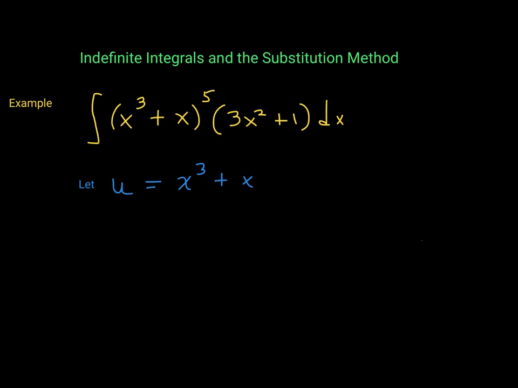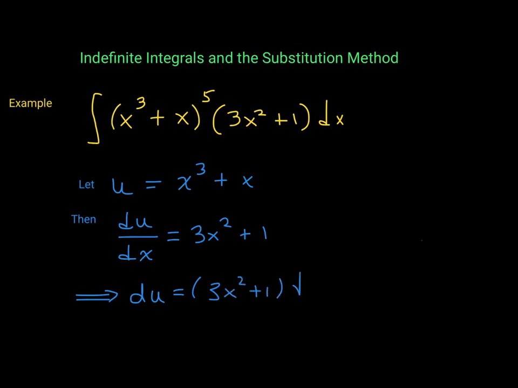Now the reason why I think that's a good idea is because when I differentiate u with respect to x, that is du dx, it is equal to 3x squared plus 1. Furthermore, this implies that du is equal to 3x squared plus 1 dx.